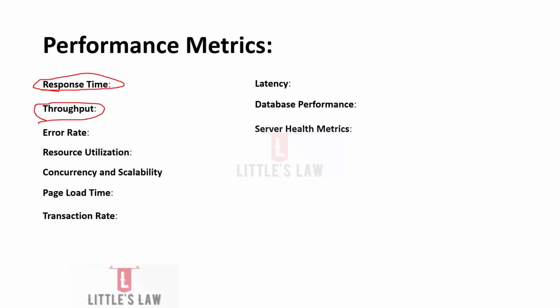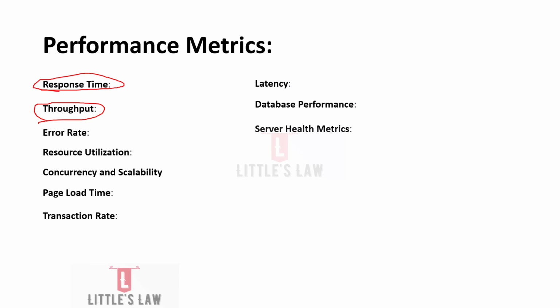And then next comes the throughput. So why do we need to add the throughput? Because throughput represents the number of transactions processed per second, and this assesses the system's capacity to handle concurrent user requests. Because at some point, when you are increasing your throughput and the system works fine with that particular throughput, then we can come to a conclusion that the system can handle it.